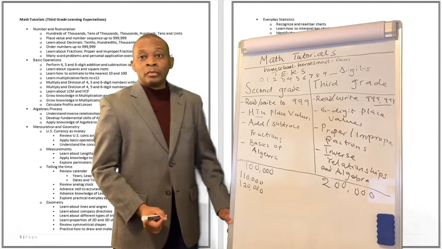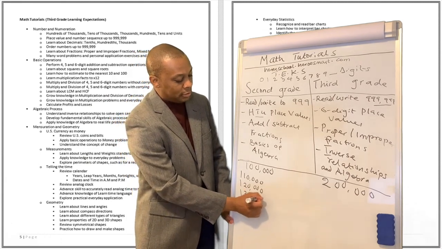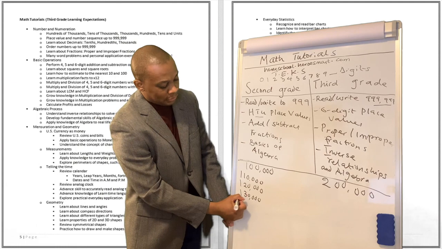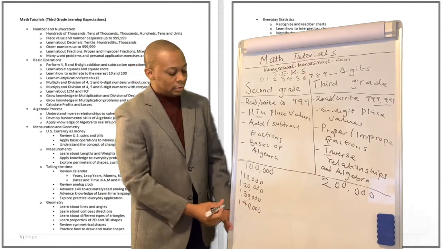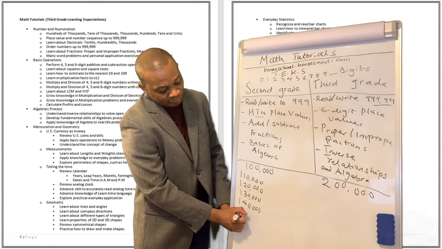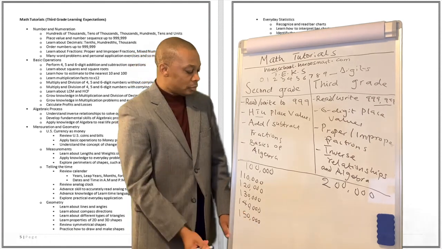You're going to say 130,000. And then you're going to say this is 140,000. This is 150,000.